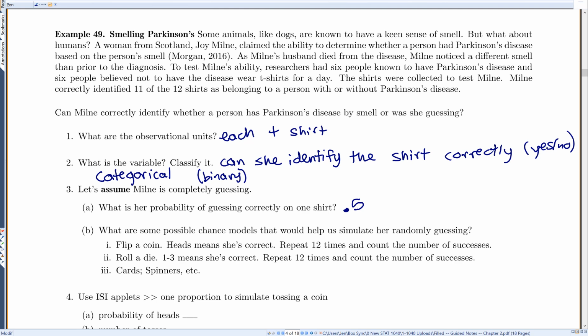Well, we could flip a coin. Heads means she's correct. You could repeat it 12 times because she smelled 12 shirts and count the number of successes. Or you could roll a die and we could say 1 to 3, she's correct, and 4 to 6 she's wrong. Repeat that 12 times, count the number of successes. You could use cards, spinners, etc. A lot of things you can do as long as you make sure the chance of a success is 0.5 on each repetition, and then you have to do it 12 times.